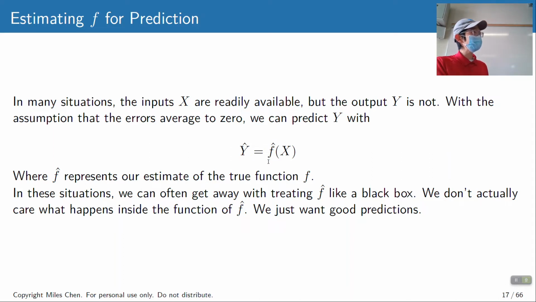This is not the true model. This is based on past data. We might call this our training data. We say, based on past data, we think this is the relationship that exists. And we call the relationship that we think exists f hat. This is our predicted model, our estimate of the true function f.